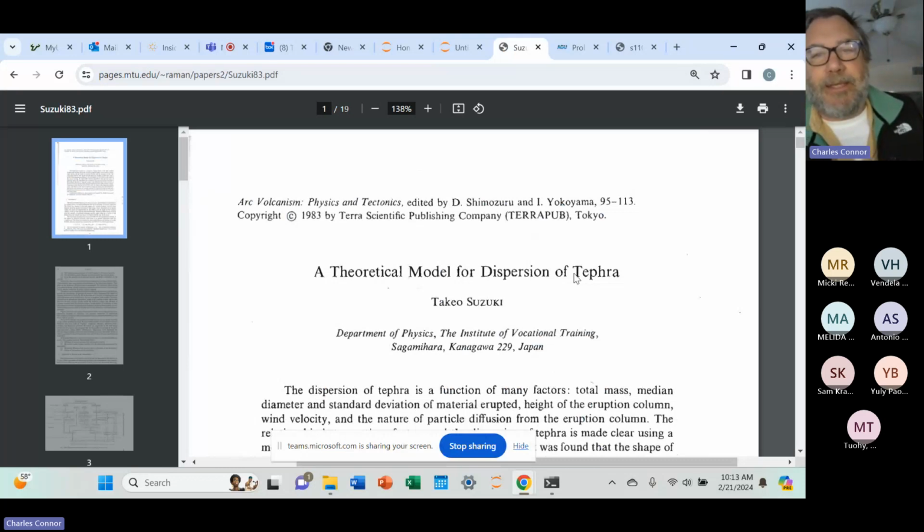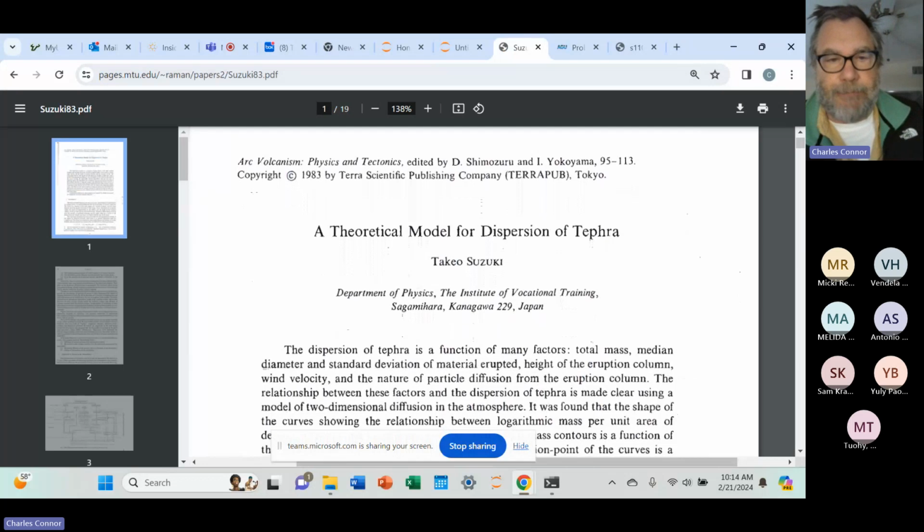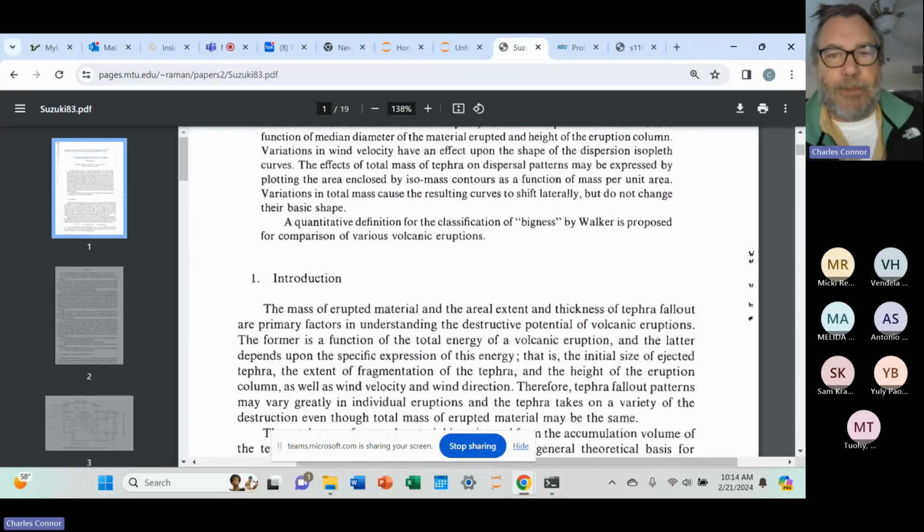It was edited by Shimozuru and Ito Yokoyama, and it summarized a lot of active research in volcanology in Japan at the time. And one of the papers was a theoretical model for dispersion of Tephra by Suzuki. And so this is a very influential paper.